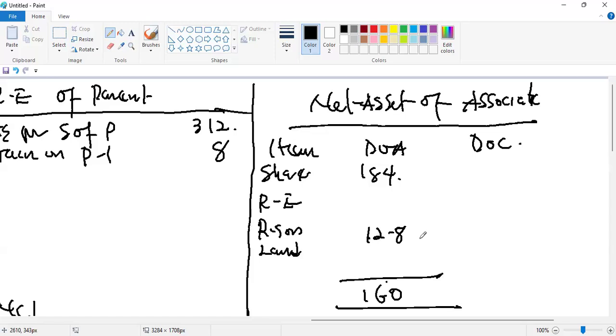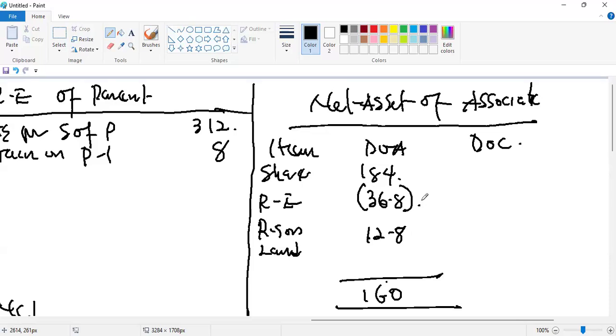So I say 184 plus 12.8, 196.8, minus 160, 6.8. It's a debit balance, because the net asset after summing it is more than the cost, a debit balance of 36.8.